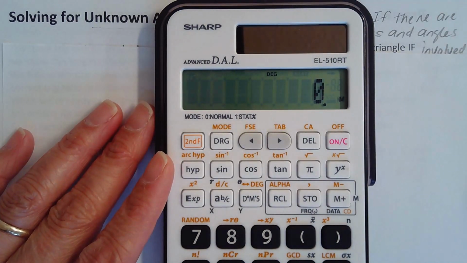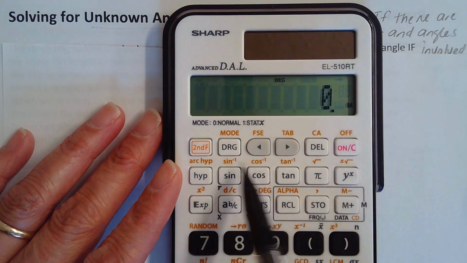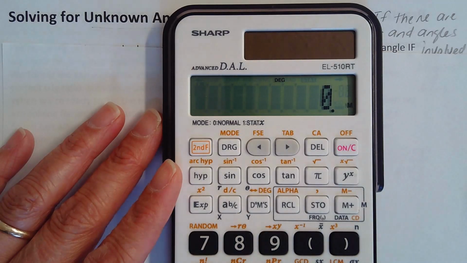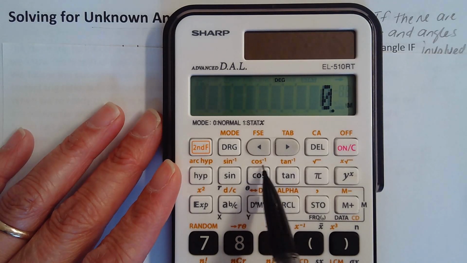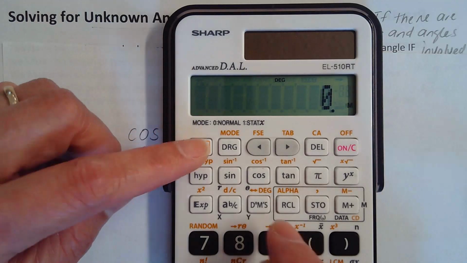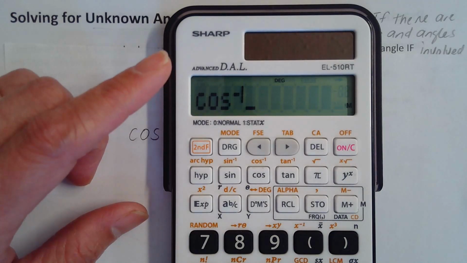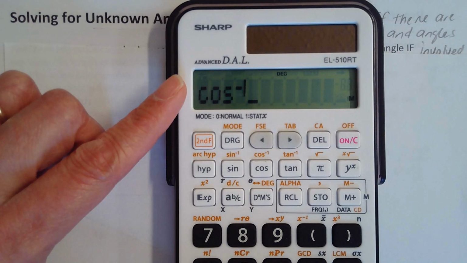So you're gonna see in my calculator the cos inverse up here, right? To activate that, we need to use the second function. Most of our calculators, it would be a second function, okay? Cos inverse of, and then you type in 0.5 and then press equals.